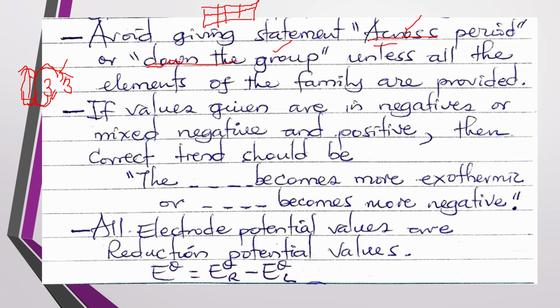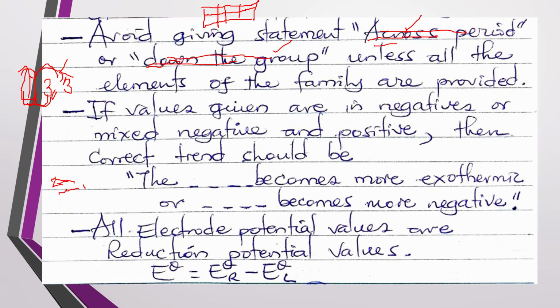And when you're starting to explain, remember I told you when they're telling you to state the trend, you simply state the trend. Don't add anything. If the question is just telling you to explain, you start by stating the trend. After stating the trend, you put a full stop and then you start explaining. Ionization energy is increasing from this to that because... Do not say that ionization energy is decreasing down the group, because we have said to avoid words like down the group and across the period.